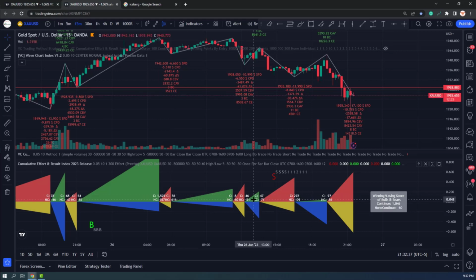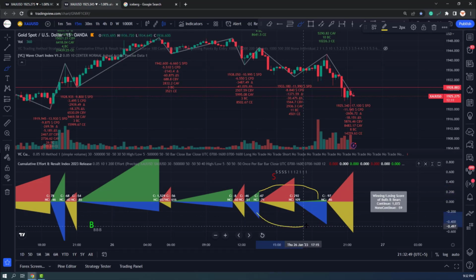If we compare this price movement to this, and this effort to this, Neil, can you see any anomaly in it, any imbalance in it? Yes, of course. The blue triangle on the right hand side is much bigger, so the effort is much bigger, but the result is very poor. Yeah, because the green triangle is very low compared to the left one. Absolutely, yes. Let me remove the drawing here.